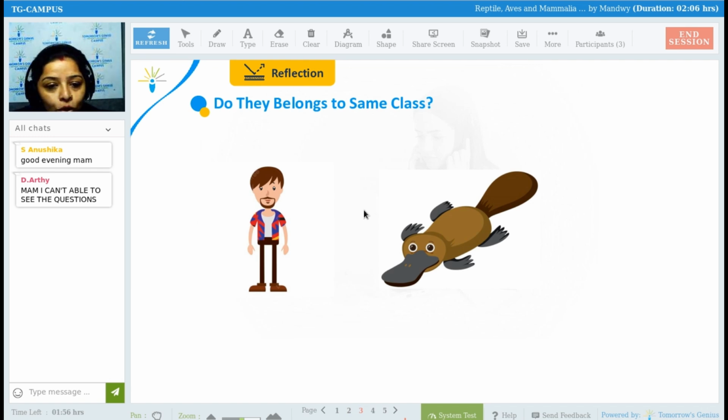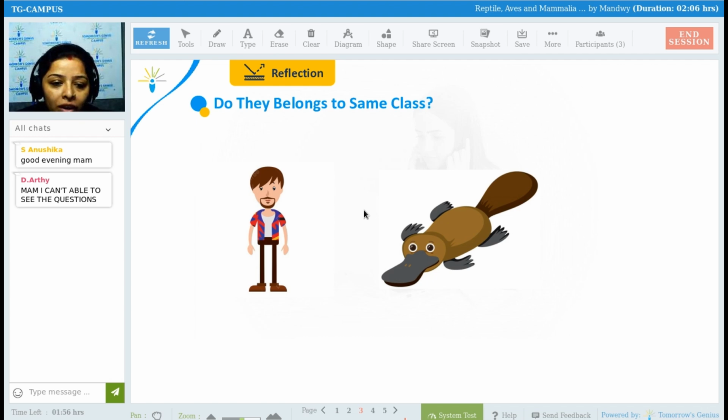Aarti and Anushika, both of you look here and tell me, do these organisms belong to the same class or different? First you have to identify the second image. What is that? Ma'am, the second image is a platypus.